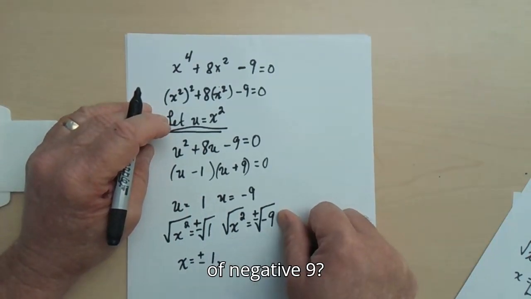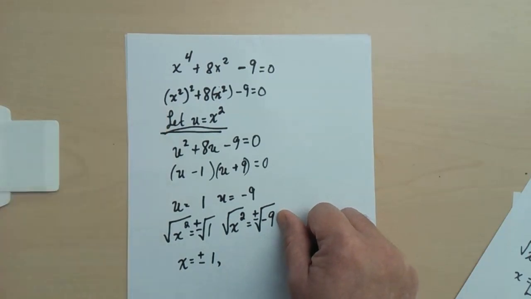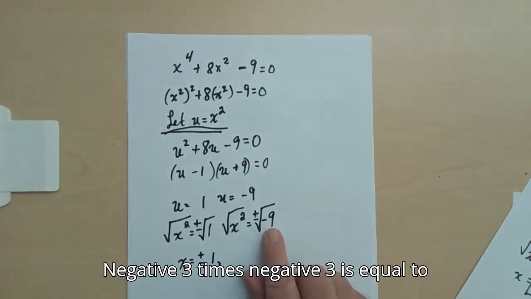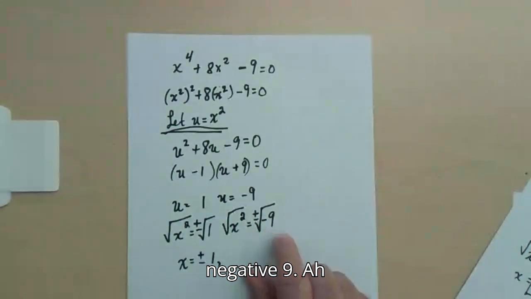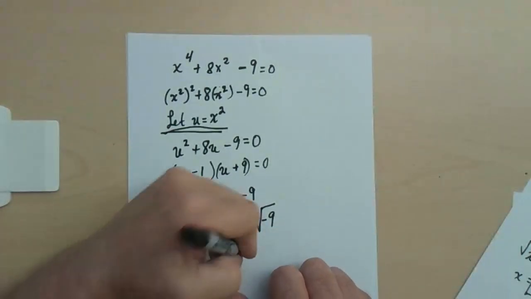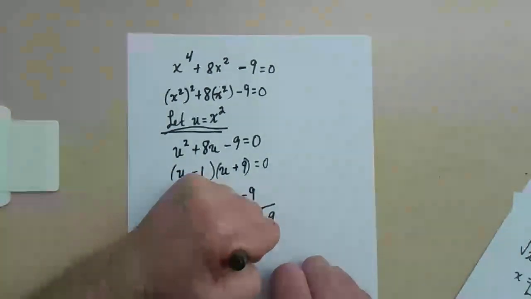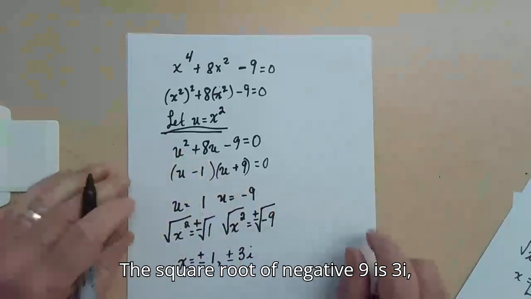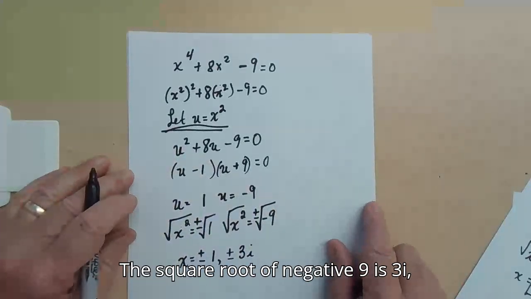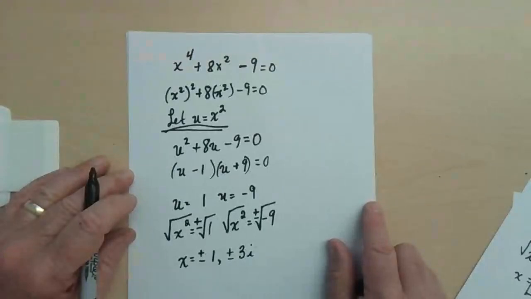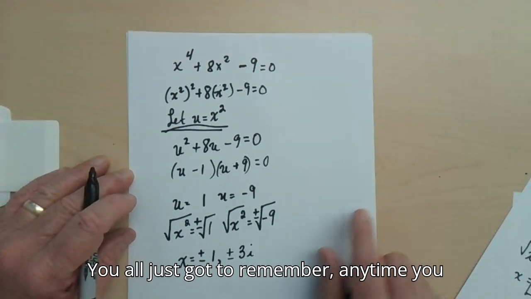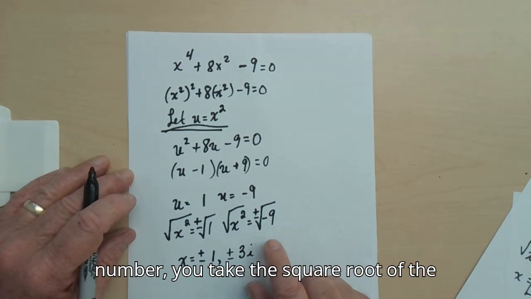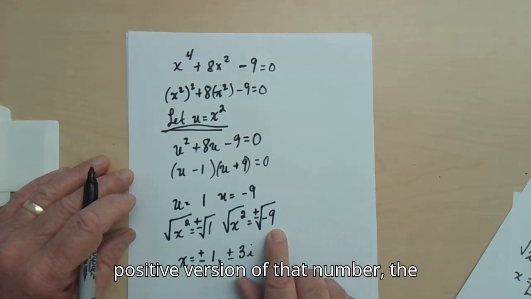And over here, what's the square root of -9? -3? -3 times -3 is equal to 9, not -9. It's 3i. The square root of -9 is 3i, right? Y'all just have to remember, anytime you take the square root of a negative number, you take the square root of the positive version of that number.